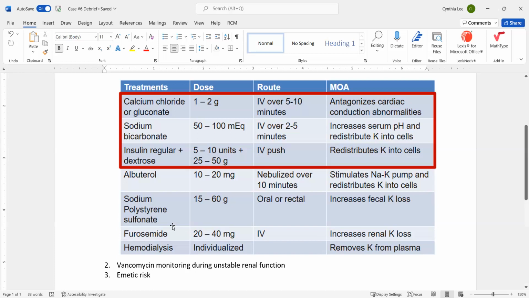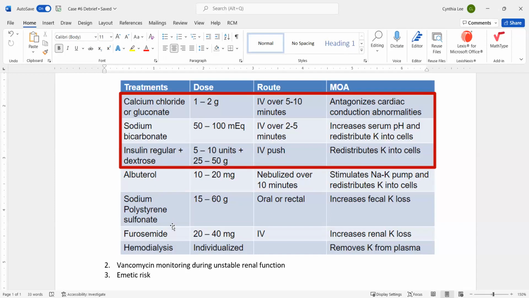Sodium polystyrene sulfonate, or Kayexalate brand, or other brands called Lokelma or patiromer. Those you can take orally, and they can increase excretion of potassium as well through fecal loss. All of these also expect the patient to have good oral intake and absorption.